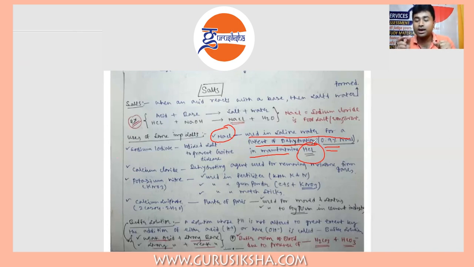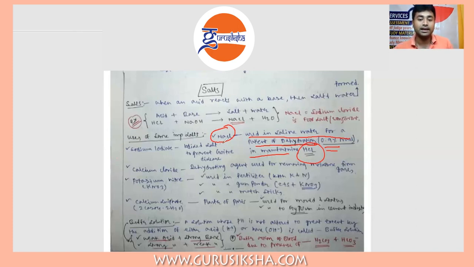So what is in this saline water? The main component of saline water is salt, which controls the dehydration. What is the salt?